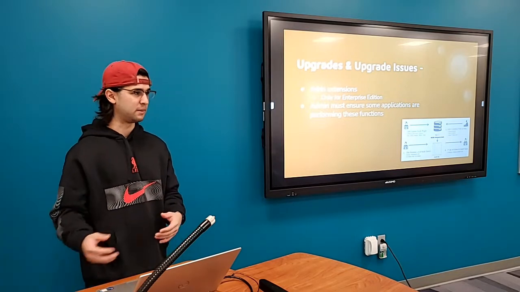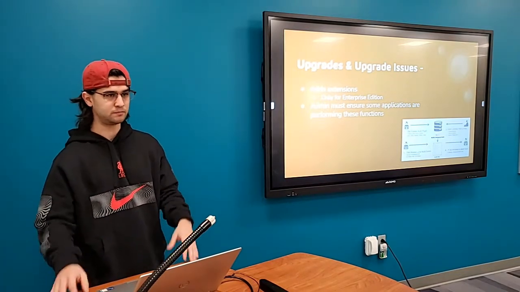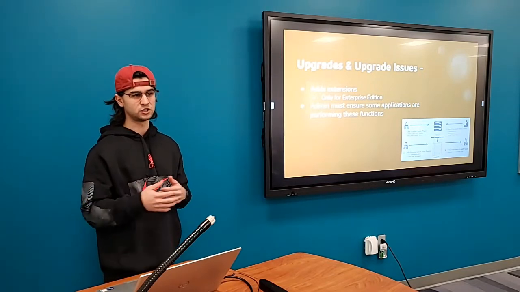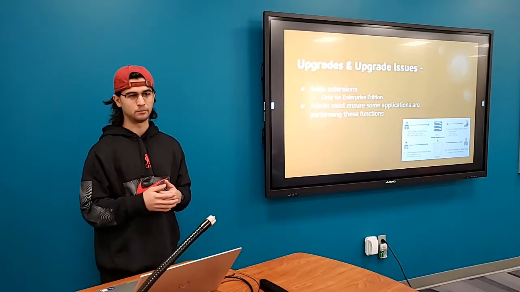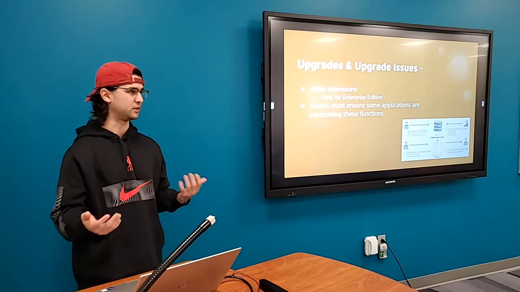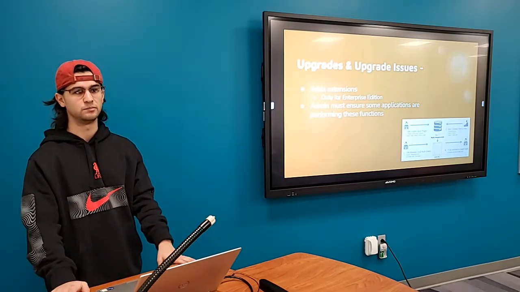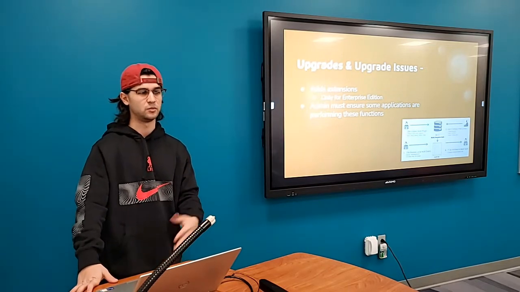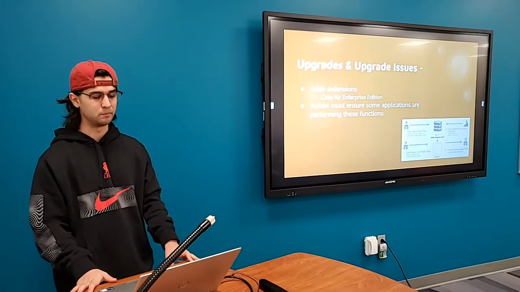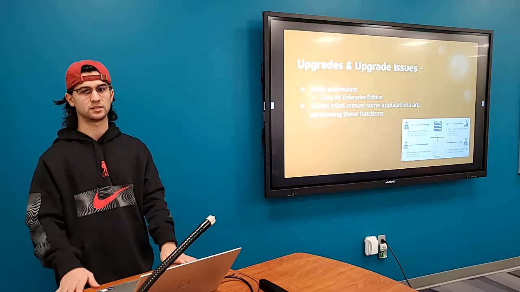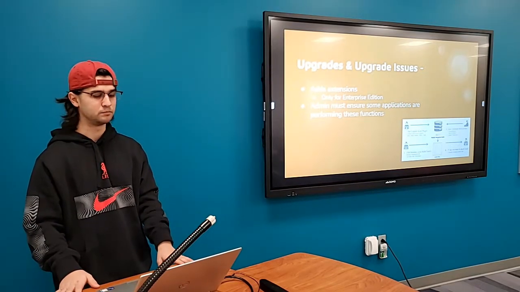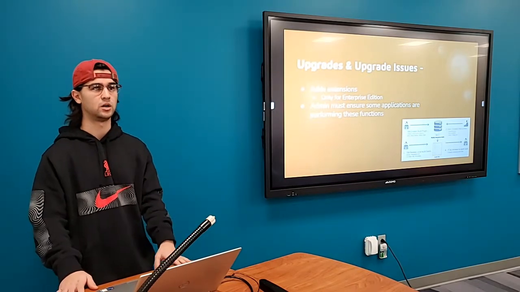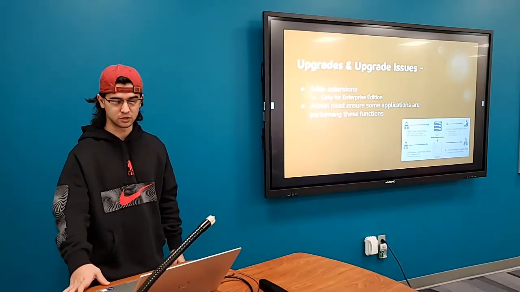It will be required of the admin to make sure that other applications are performing auditing functions, because if no other application is performing that, then we're in a bit of a doozy of a situation, because we need to know what's going on, like Xavier said. So if you have an edition outside the Enterprise Edition, it will be up to the admin to ensure that other applications are performing those auditing functions.